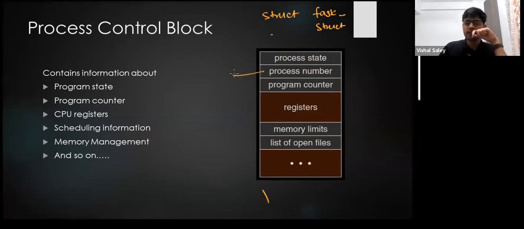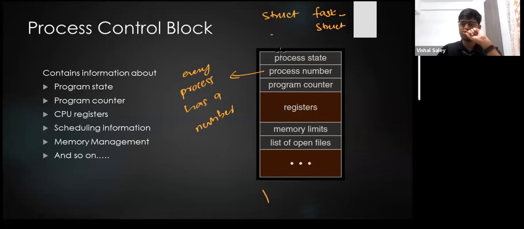What is the process? So the one concept that we need to know is the process number. Every process has a number. Again, this is a part of a C structure. This entire thing that we have drawn is part of a C structure, right? So it means it will have a data type.